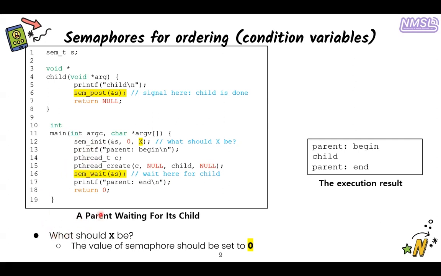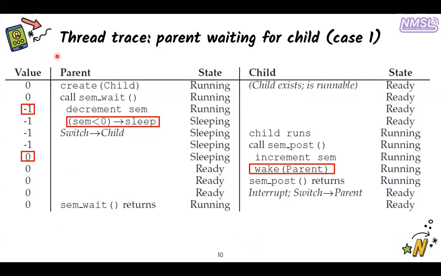Now in this case, the question becomes, what should we initialize the semaphore value with? When it comes to condition variables, typically 0. And we'll see the case here. Now, there are two cases. As you know, when you create a child thread, depending on scheduling, sometimes the child could be executed first or could be the parent. So let's look at two different cases.